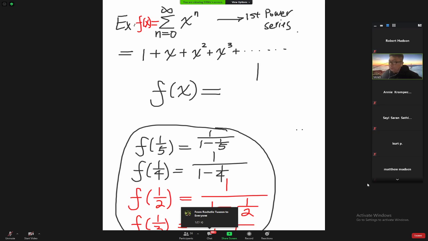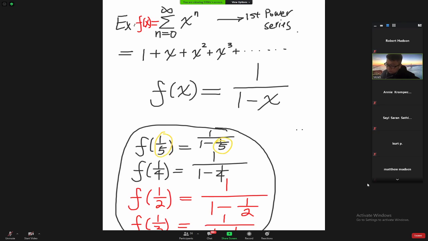Yeah, 1 over 1 minus x, right? Did you see that? This is 1 over 5, 1 over 5, 1 over 5, 1 over 4, 1 over 4, 1 over 2, 1 over 2, 1 over 3, 1 over 3. So I have a conjecture. This is my conjecture, okay?